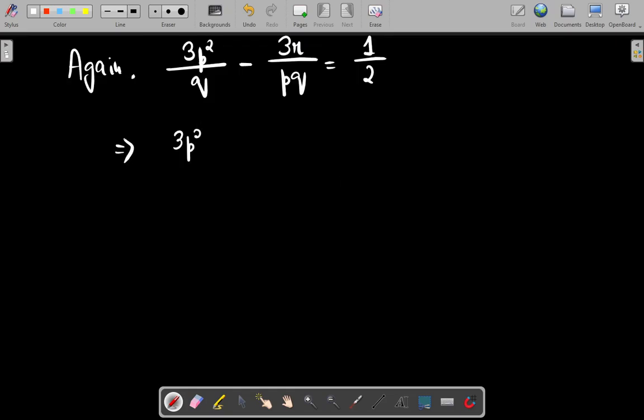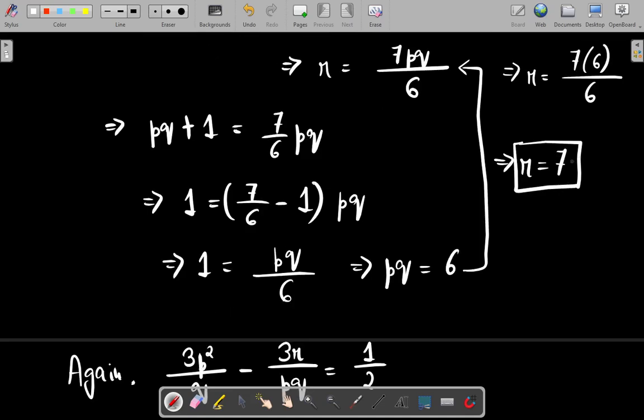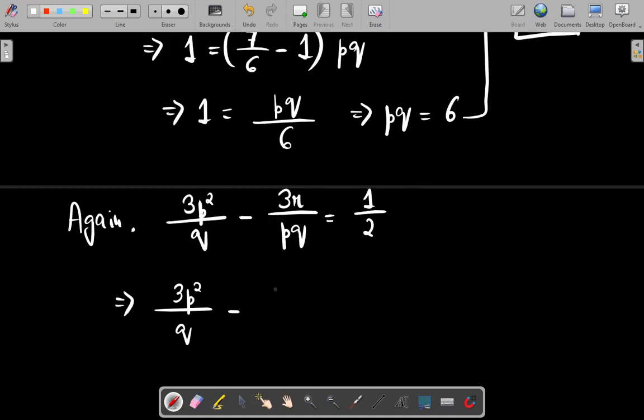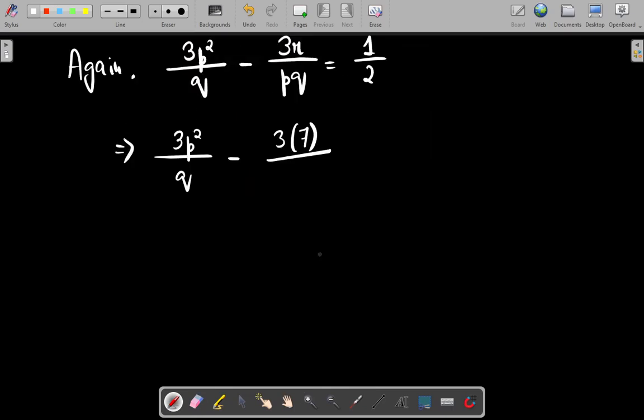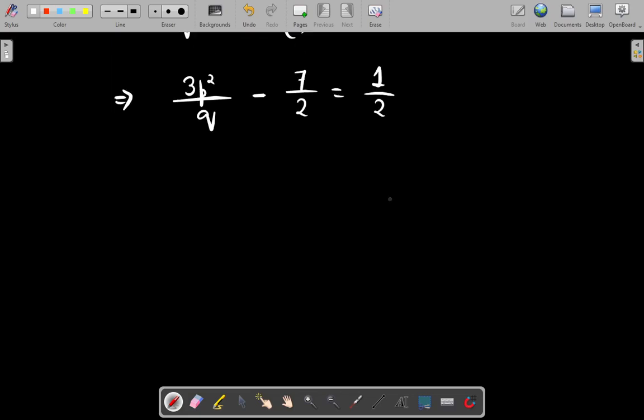I'm keeping the first term as it is, but the value of r is known, 7, so we can substitute 7 here. And the value of pq is 6, so I can substitute that value also. So we get 3p square upon q minus, this 3 and 6 will cancel each other, so this will become 7 upon 2 is equal to half, right?